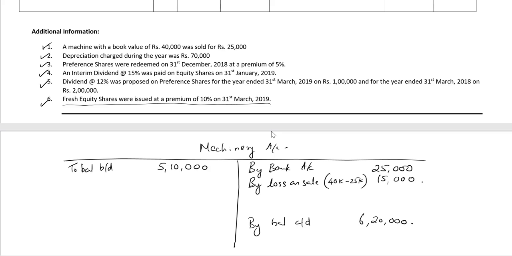As per point 2, the depreciation charge during the year was rupees 70,000. So by depreciation 70,000 rupees.